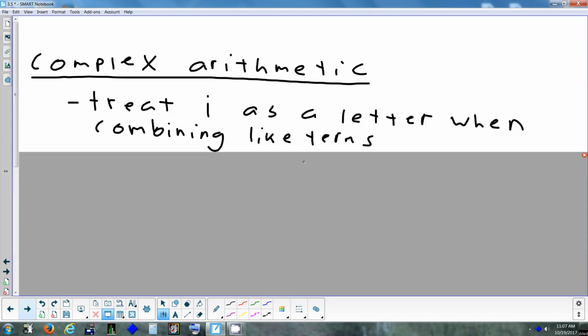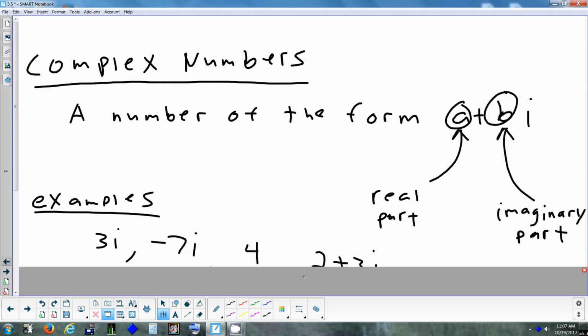All right, so first of all, how do you write a complex number? Complex numbers are written just like I have on the right there, a plus bi. The idea is a is the real part, b is the imaginary part. Now, not every number you use in math has a real and an imaginary part.